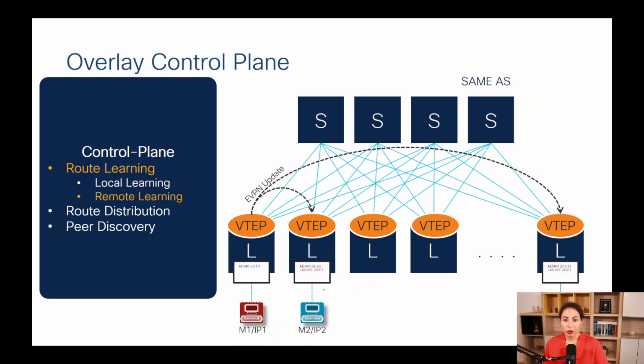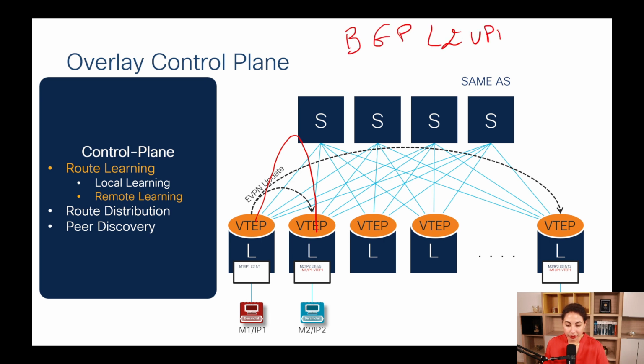Then we will have the remote learning kicking in. How does the remote learning work? It's using the adjacencies that are built through the fabric, and it is BGP L2VPN EVPN adjacencies.